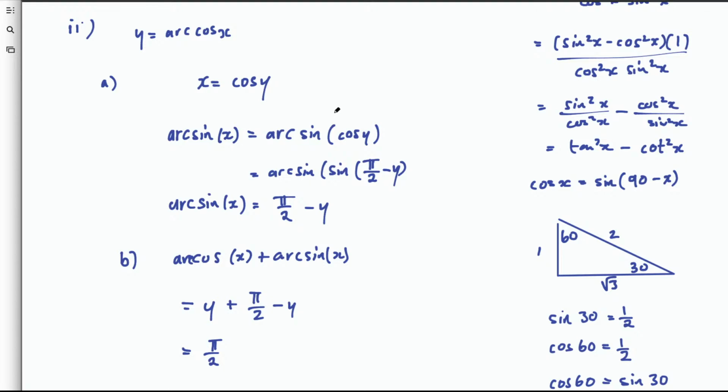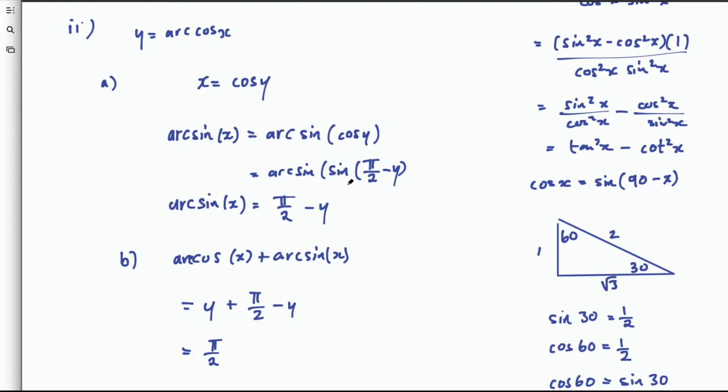Oh, great. Awesome. Something that I didn't go into detail on is why do we cancel arc sine and sine? Well, another way of writing that would just be to bring that arc sine over to the other side and say sine of something equals sine of that.